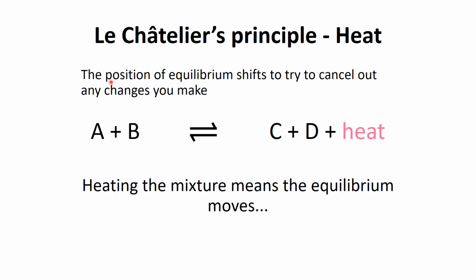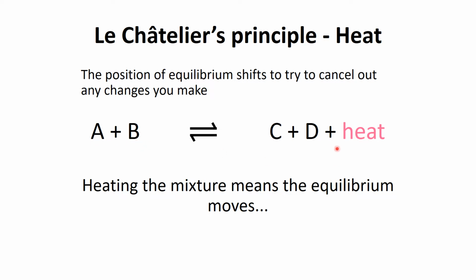Alright, let's look at another example. This time let's look at the effect of temperature, of heat. Remember, Le Châtelier's principle is that the position of the equilibrium shifts to cancel out any changes that you make. Let's deal with that same equilibrium of A reacting with B, forming C and D. However, at the same time, C and D react to form A and B again.